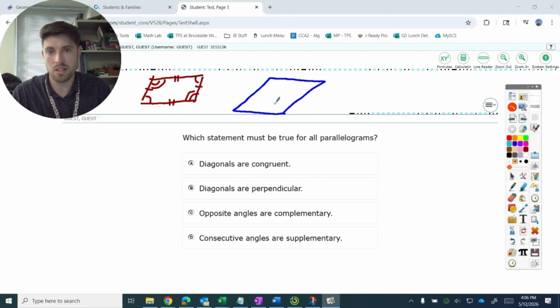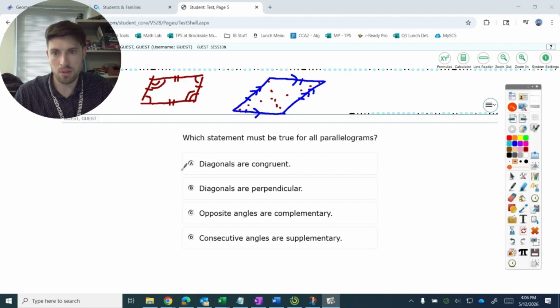If these are parallel and these are parallel, we've got a parallelogram, and these are also all the same length, then that means this is a rhombus, right? But I've very clearly drawn this in a way that these diagonals are certainly not going to be equal in length. I specifically drew these to be closer than these, so we can see there are some parallelograms where the diagonals are not congruent. And so therefore, this can't be true for all of them, okay?